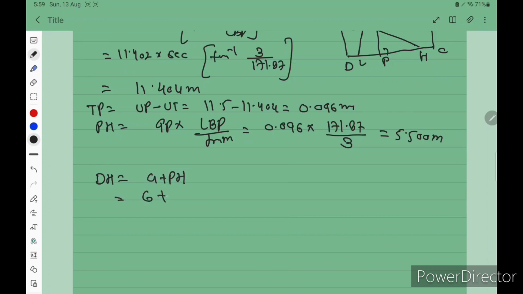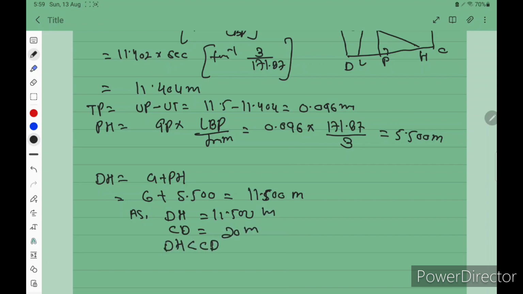A is equal to 6, given in the question, and 5.500 we have calculated, so 11.500 meters. So DH is equal to 11.500, CD is equal to 20 meters. So DH is less than CD, so a wedge is formed.